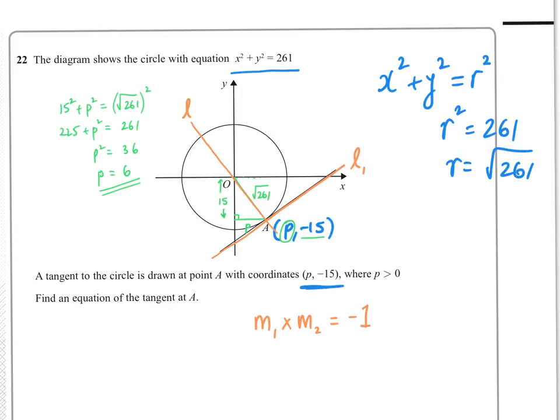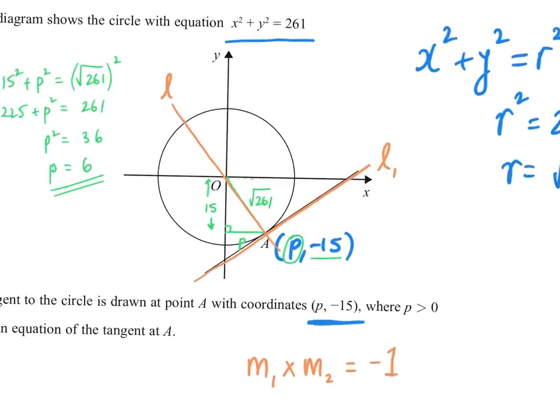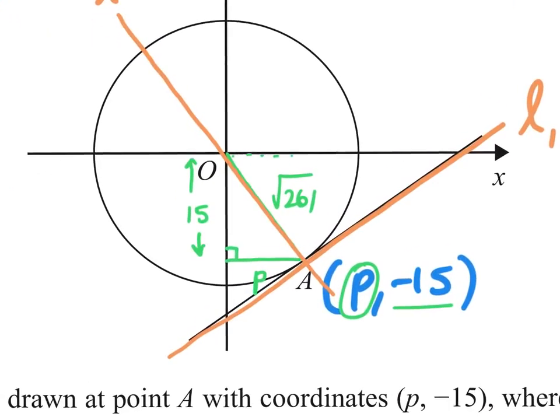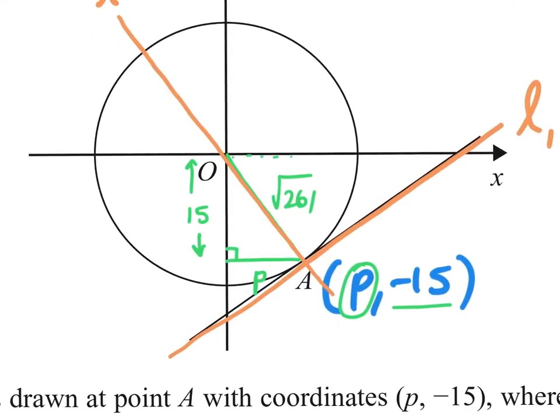Well, one way of looking at it is if we zoom in here, and I'll choose a different colour, we know that if we went along here by 6 units, we had to go down by 15 units.